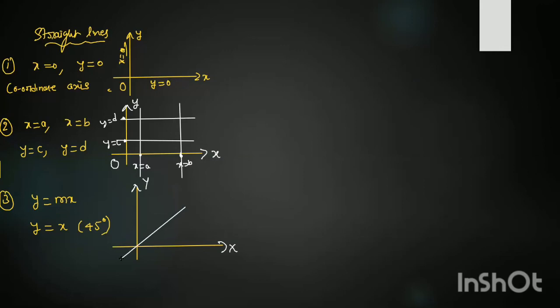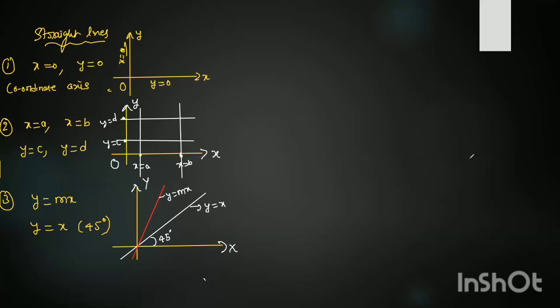If you draw in the center, this is y is equal to x. And somewhere down or up, it is y is equal to mx. This is y is equal to x, which makes the angle exactly 45 degree. This is y is equal to mx. M, we don't know what the value is.